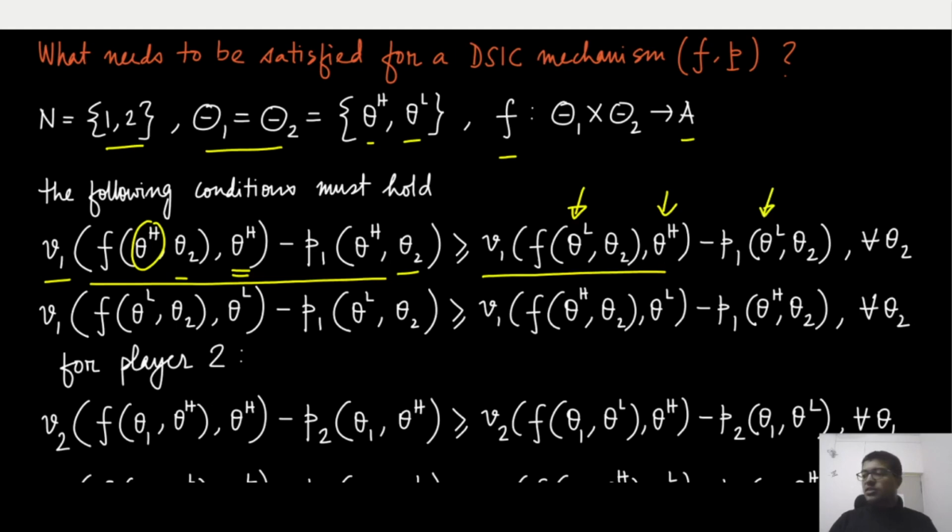So note that only the allocation rule and the payment rule are dependent on what is being reported, because the mechanism designer has access only to what has been reported.